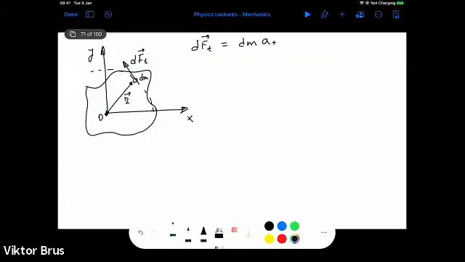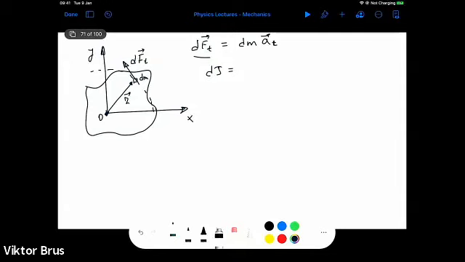And now we need to calculate the external torque, which is associated with this force dFt. So d tau, we know that it's equal to the product of the absolute values of two vectors.